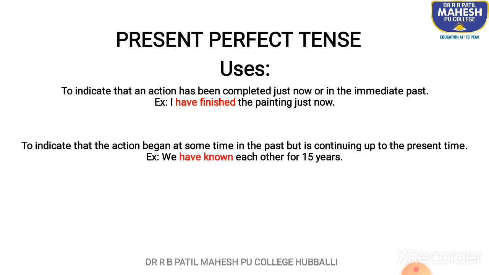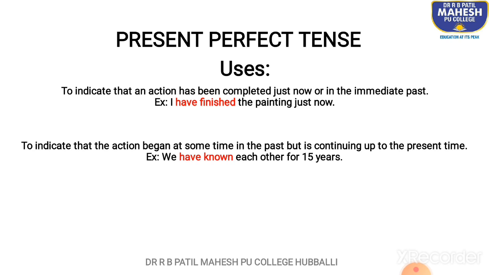Now the next use is to indicate that the action began at some time in the past but is still continuing up to the present time. So, for example, we have known each other for 15 years. The duration tells that it was something which started in the past but is still continuing.